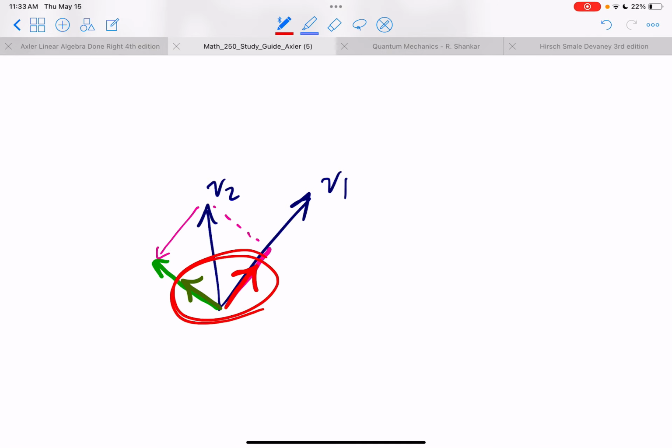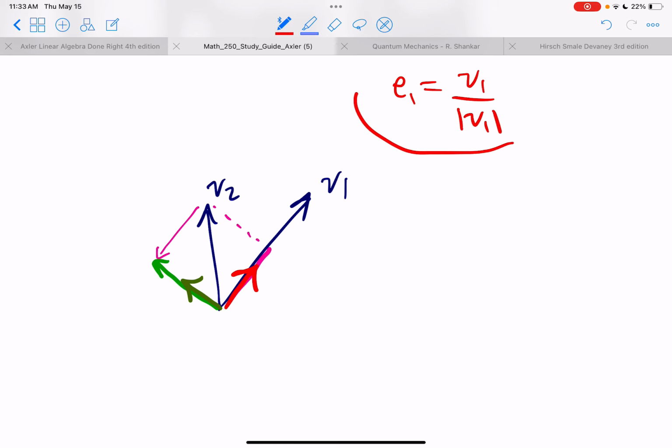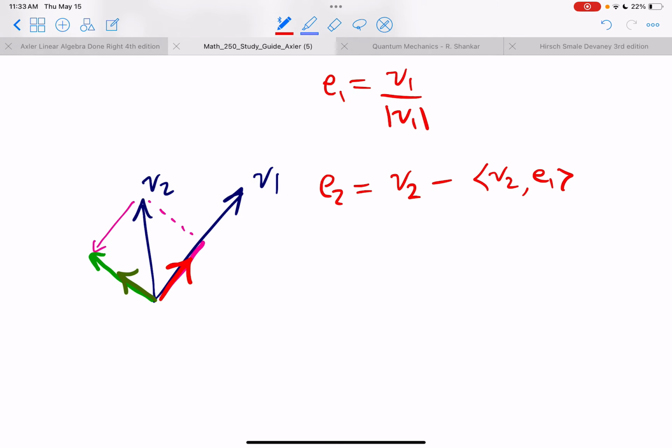And these two little vectors are your orthonormal basis. In formulas, that means you produce E1 by just dividing V1 by its length to make it a length 1 vector. And you produce E2 by taking V2 and subtracting off its projection onto E1, which, because E1 is already normalized, has a denominator of 1 that I don't need.